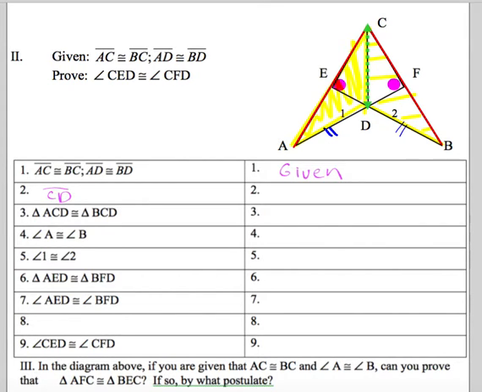So CD is congruent to CD by the reflexive property of congruence.